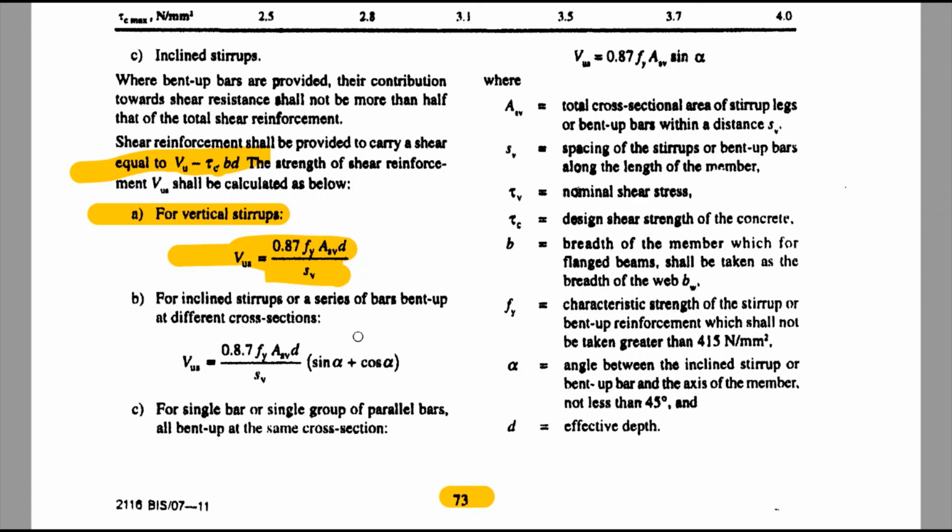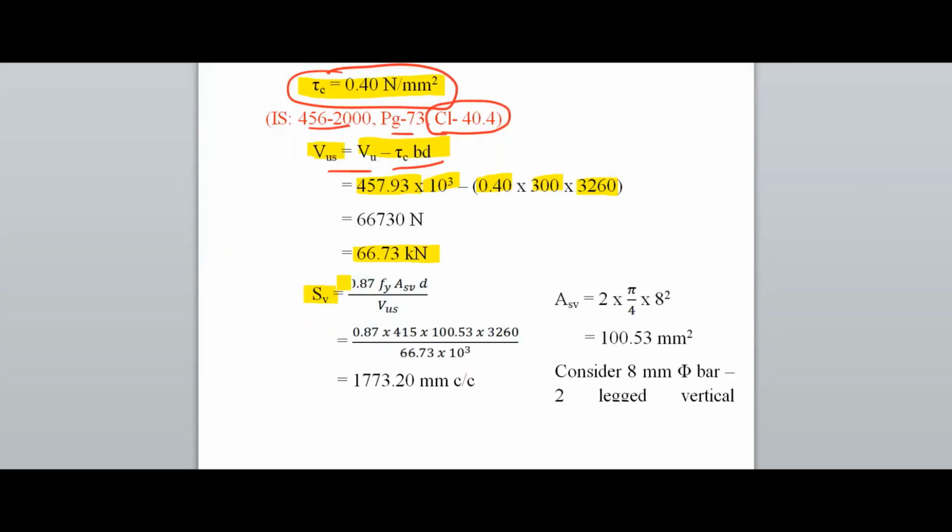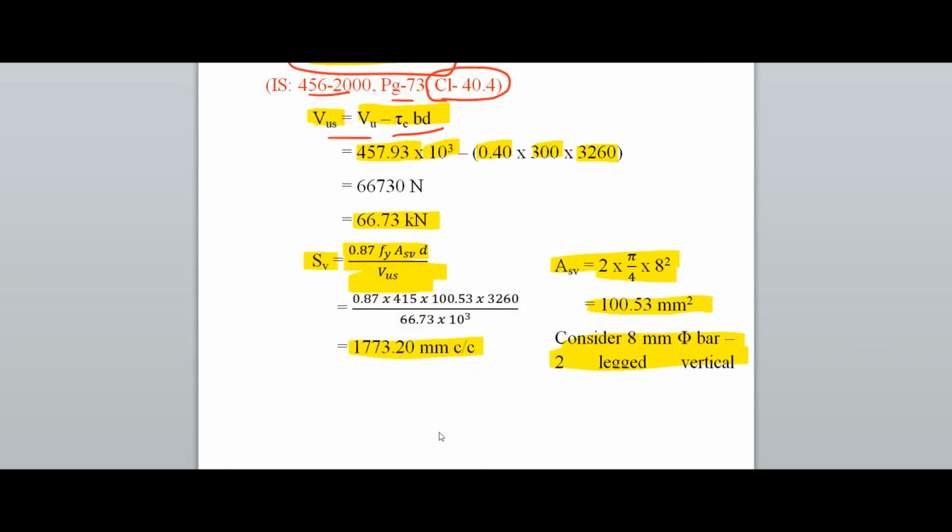Just interchange and we can find out Sv. But Asv we have to decide. There are 8 mm diameter 2-legged stirrups. Consider an 8 mm diameter bar with 2 legs, so Asv is 100. So the spacing Sv is 1173.20 mm center to center.